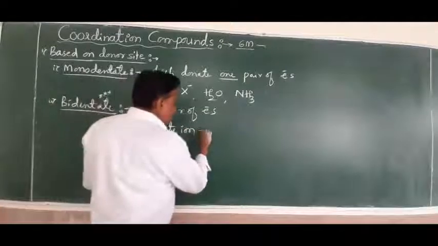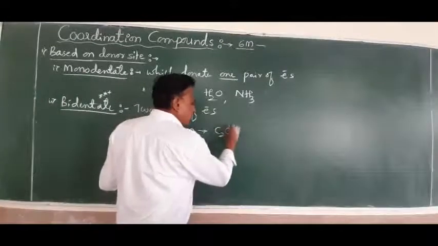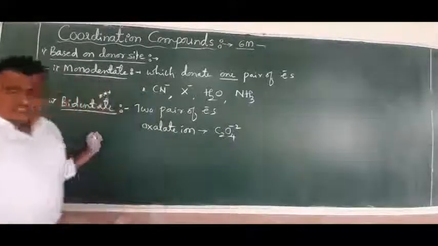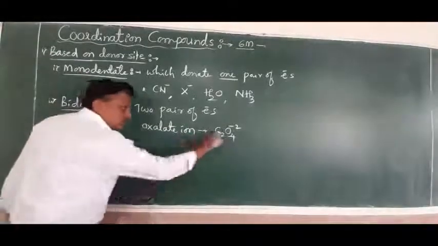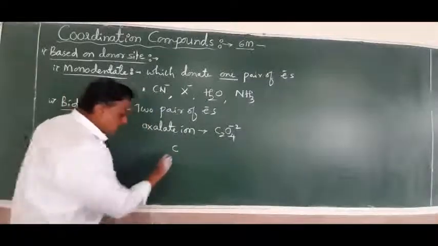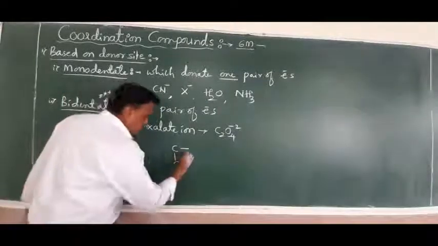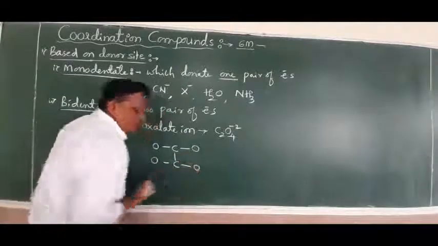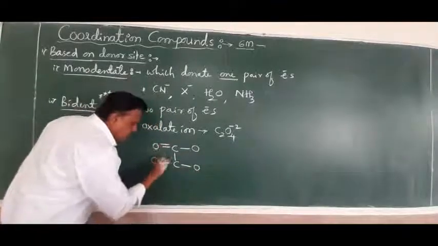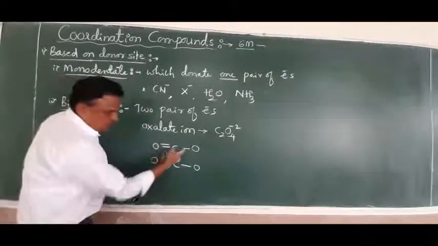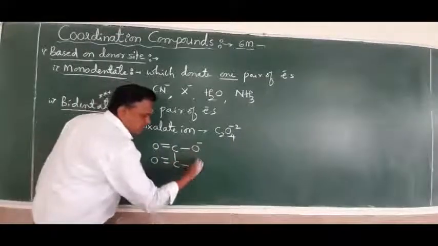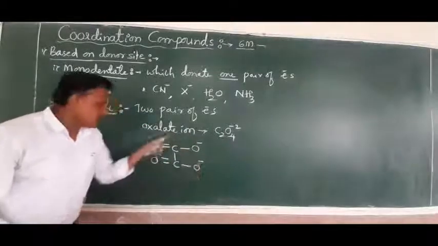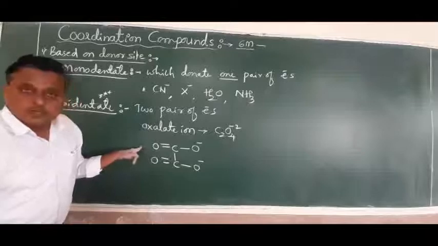What is the oxalate ion? The formula is C2O4 minus 2. Many times you have to write the structure of the oxalate ion: the two carbon atoms, the four oxygen atoms. Oxygen is divalent, carbon is tetravalent. These are the negative charges. C2O4 minus 2 is the symbolic notation of oxalate.